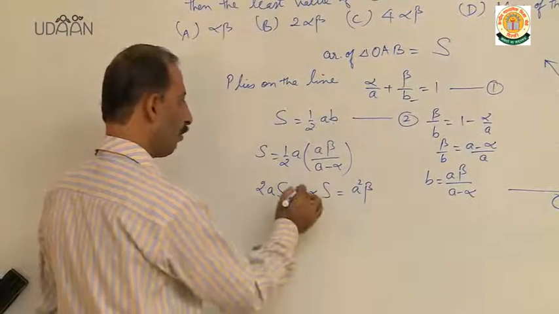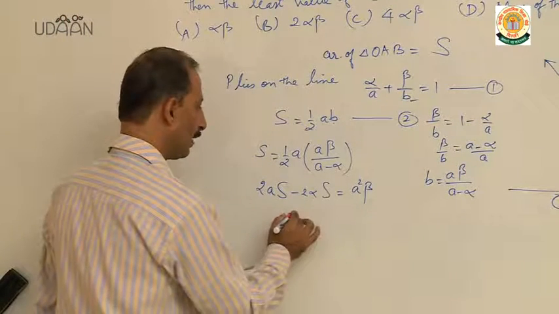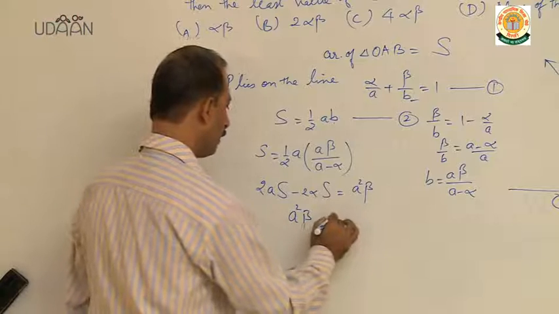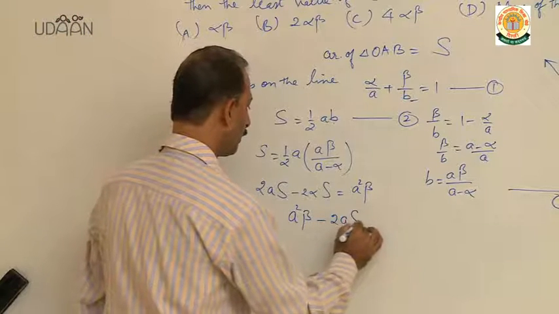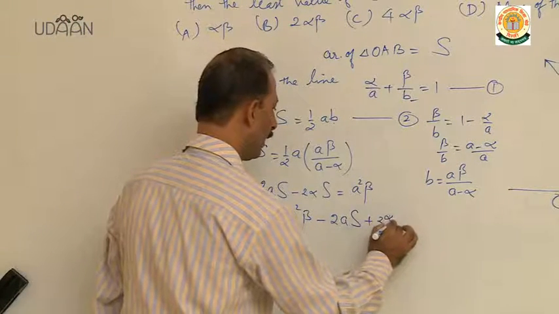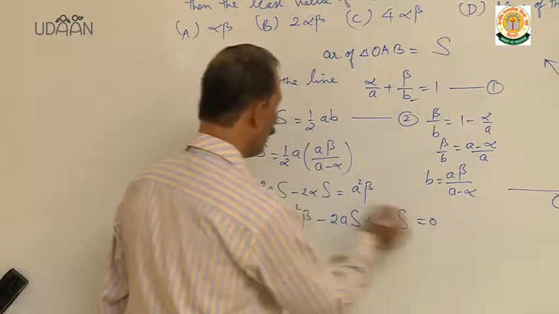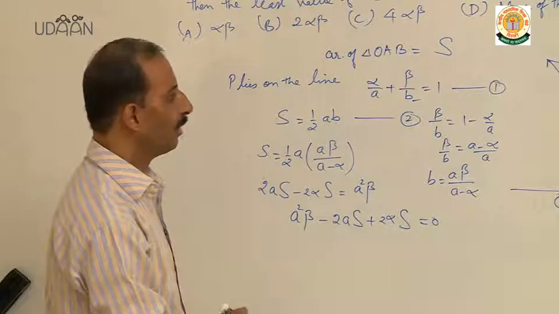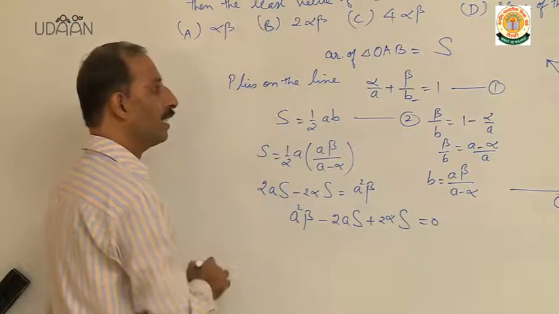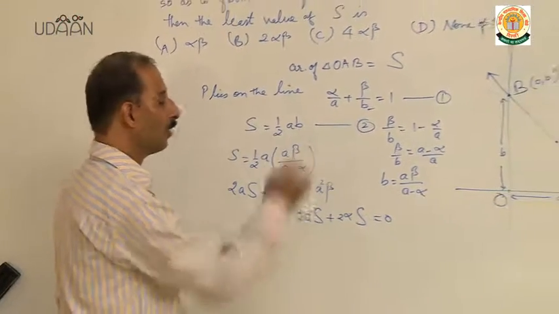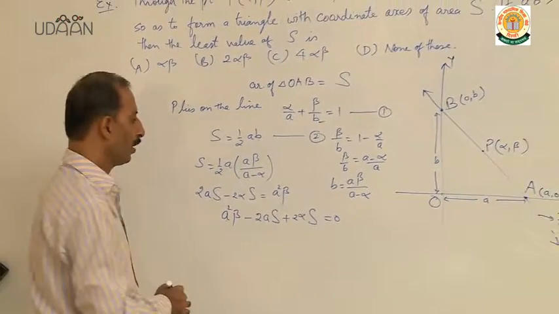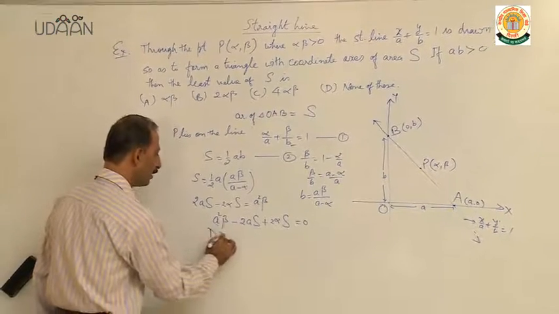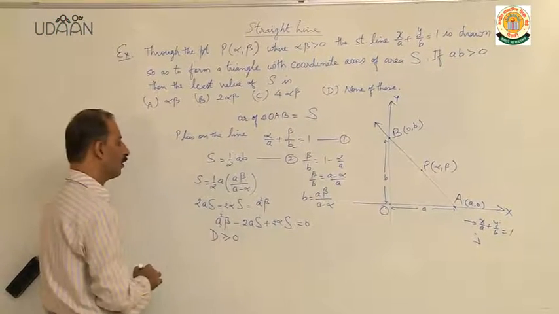Now transfer all the quantities to the right hand side. a square beta minus 2aS plus 2 alpha S is equal to 0. You are getting a quadratic equation in a. It means, and already ab is positive, a is a real number. So a will be real when the discriminant is greater than or equal to 0.